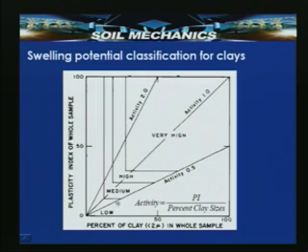So, low, medium, high and very high zones are indicated. Once we get the percentage clay fraction for the given soil and the plasticity index, if you plot those values in this chart, we will be able to give the swelling potential of a particular soil. To some extent this will also tell us about the probable clay mineral in the soil.